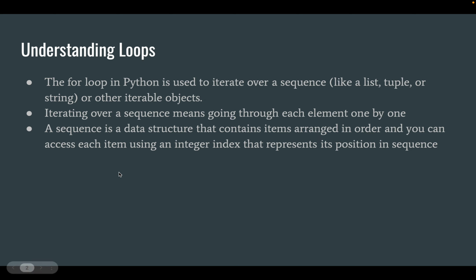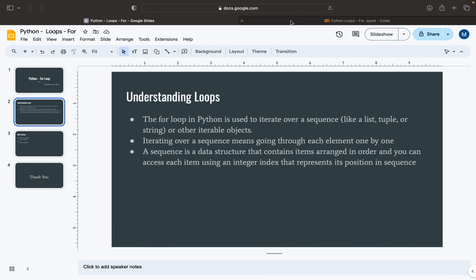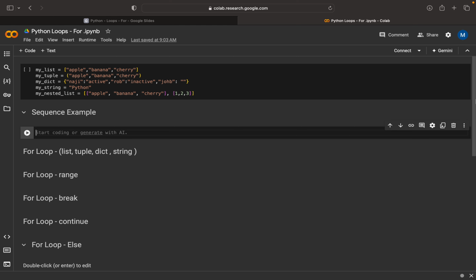Now we can see in Colab how we can implement a for loop. I have assigned a few variables: my list, my tuple, my dictionary, my string, and my nested list.